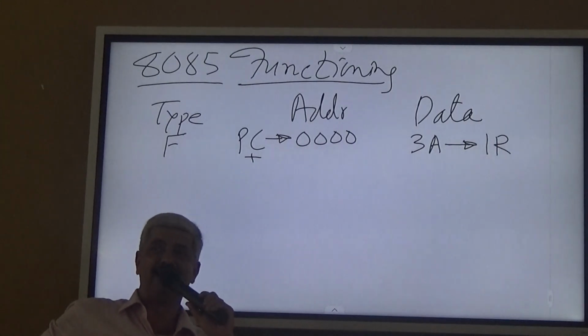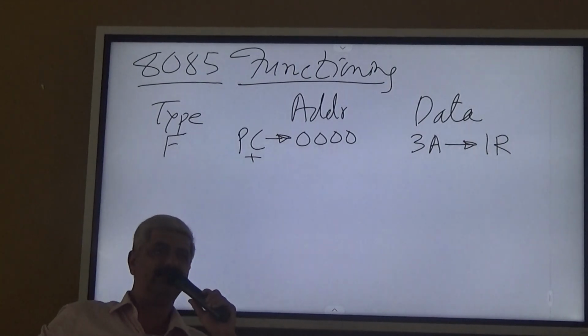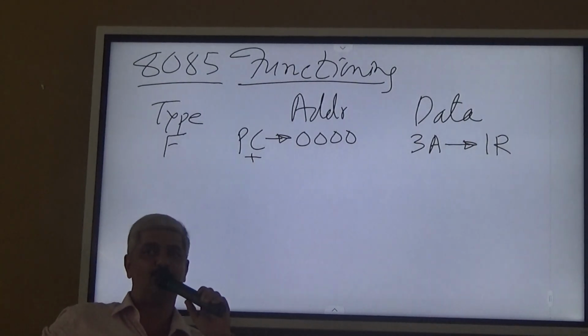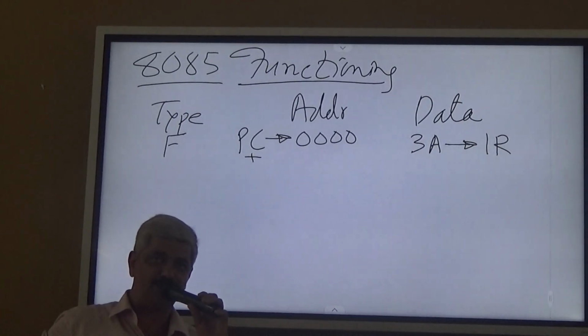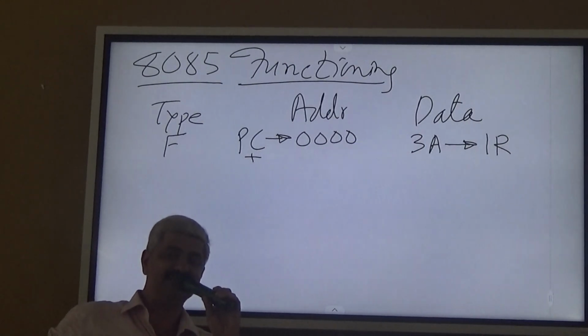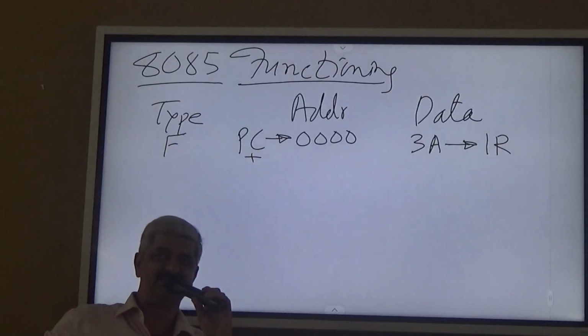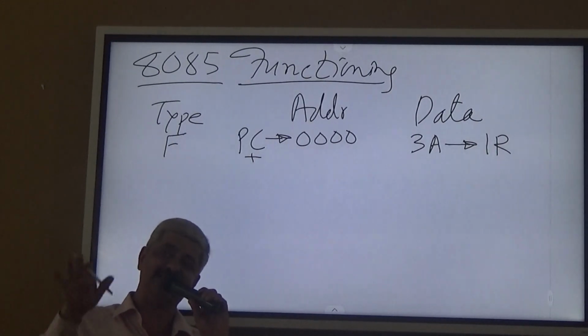Then that 3A comes into the instruction register or instruction decoder, where it comes to know that this is an opcode for bringing data from external memory location into accumulator. 3A happens to be the opcode for bringing data from an external memory location into accumulator. So it is a data transfer instruction.